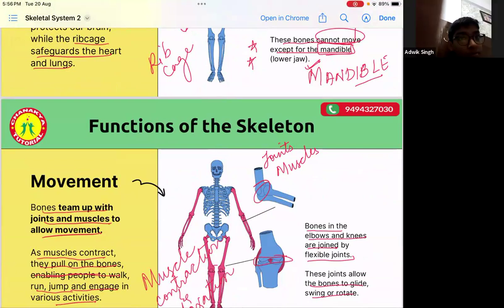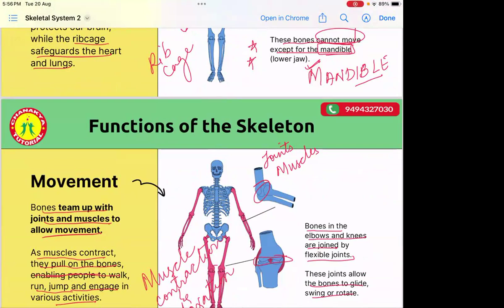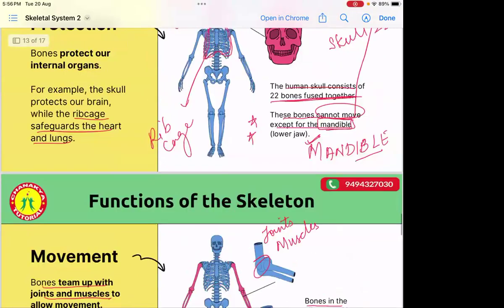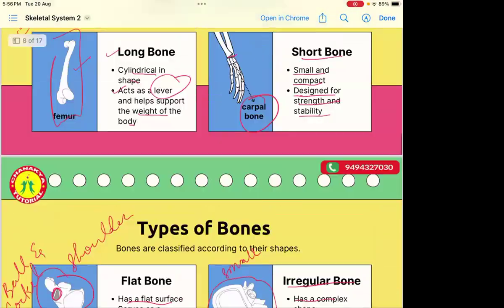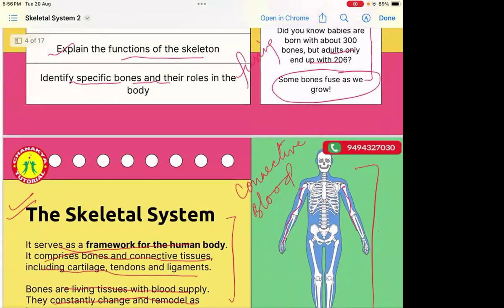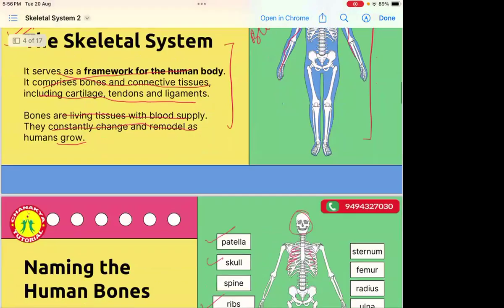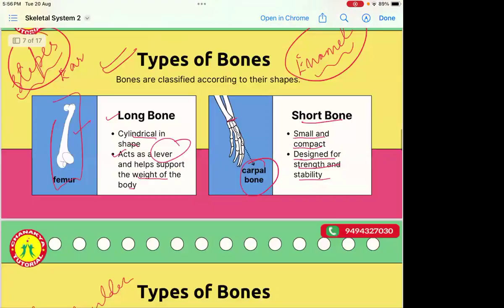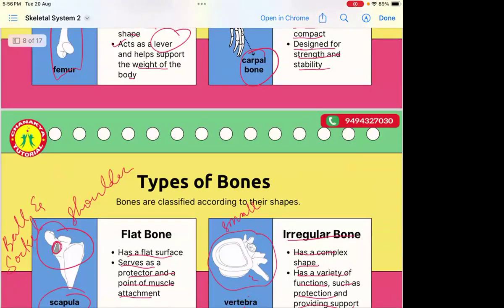Can you give only 3 pages? Only 3 pages. Yes, ma'am. I'm having an exam. Okay, no problem. Advik, then you can write page number 4, then page numbers 7 and 8. Okay? 4, 7 and 8, only for Advik. Others, you should complete the whole thing.